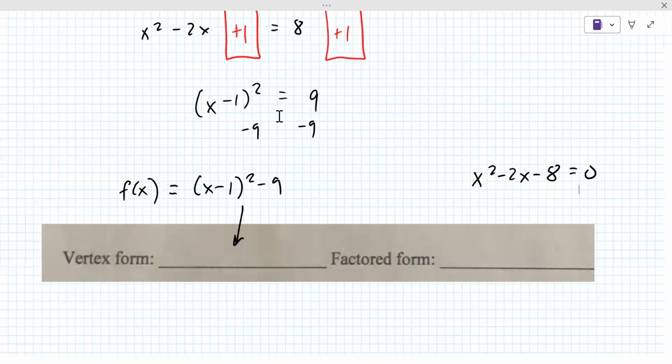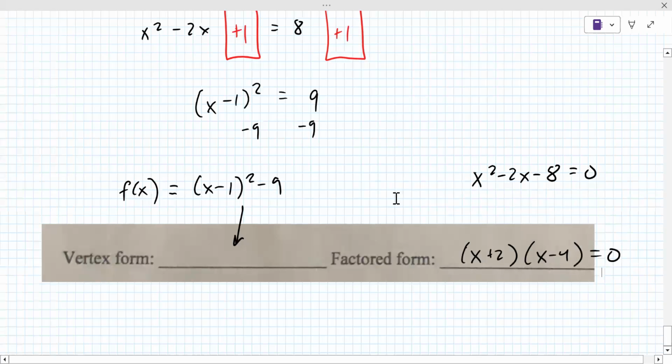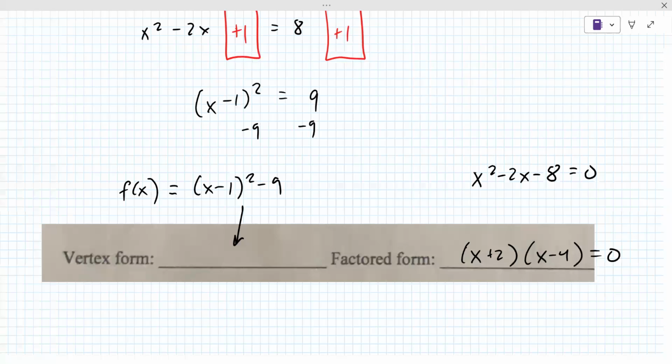Two and -4. Yes. So this becomes x plus 2, x minus 4 equals 0. Really good. And the idea is that all of these are equivalent. They all equal the same thing if you make some adjustments.